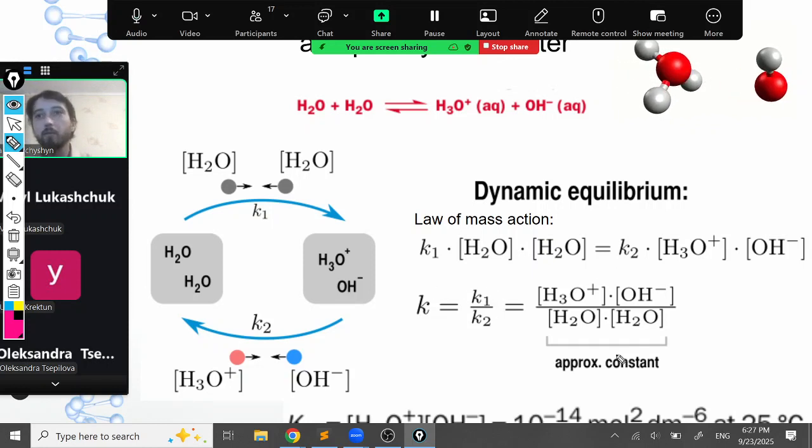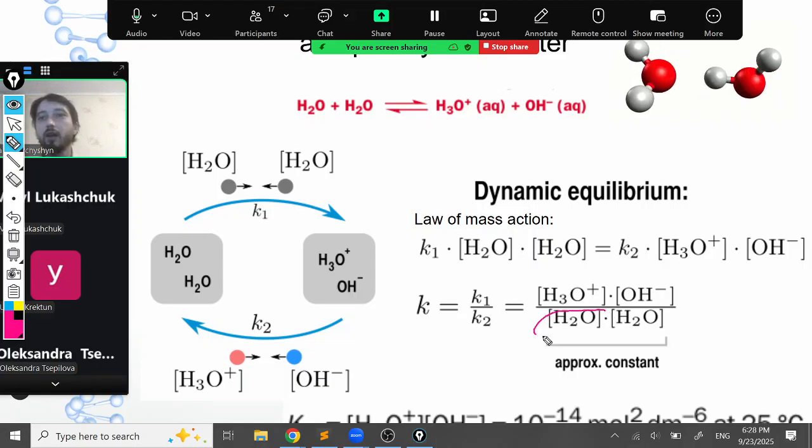Okay, what else? We know that there is a lot of water in this solution, so basically this may be just water itself. So we may suppose that the concentration of water does not change significantly. So it's pretty constant, and this part is some number not quite interesting.